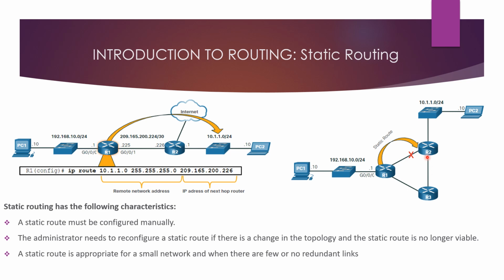Also, a static route is appropriate for a small network and when there are few or no redundant links. But imagine what will happen if there is a bigger network with so many redundant links. You need to reconfigure the static route every time that a link fails.